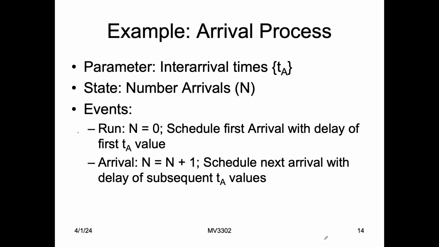Those are the times between when they show up. And that's a parameter because those values are exogenous to the model, outside the model. Most of the time, we're going to implement those using a random variable. But nevertheless, it's a parameter because that's separate from the model. We can get those values without having to create the model. But our state is going to be the number of arrivals.